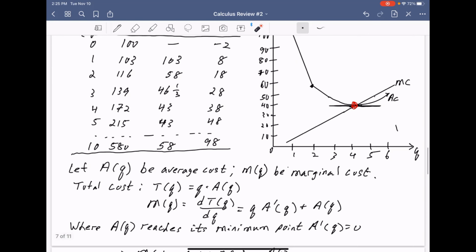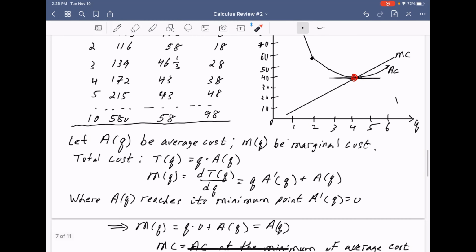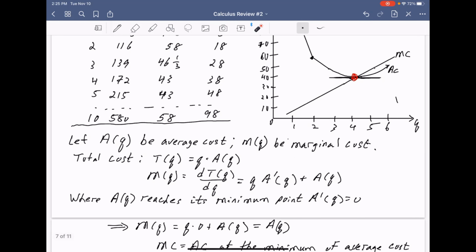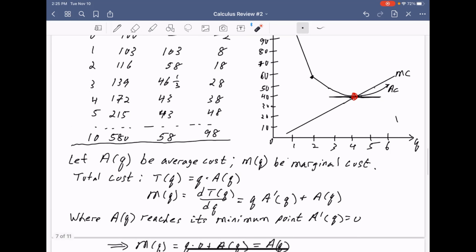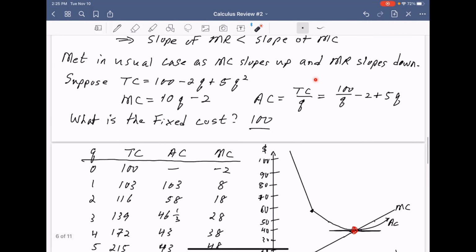So can we prove that? Well, let AQ represent average cost and MQ the marginal cost. So total cost is simply the quantity times the average cost, all right? And that's taken from here, okay?